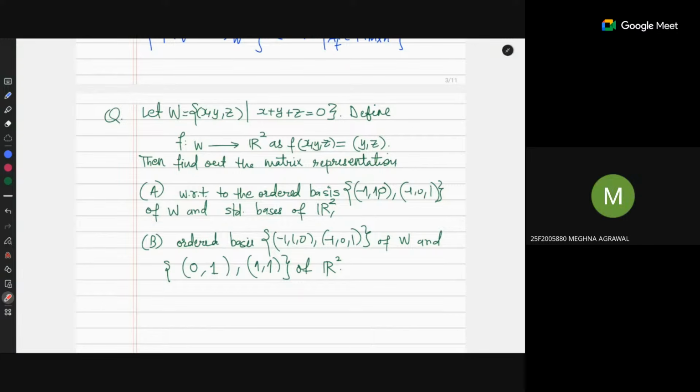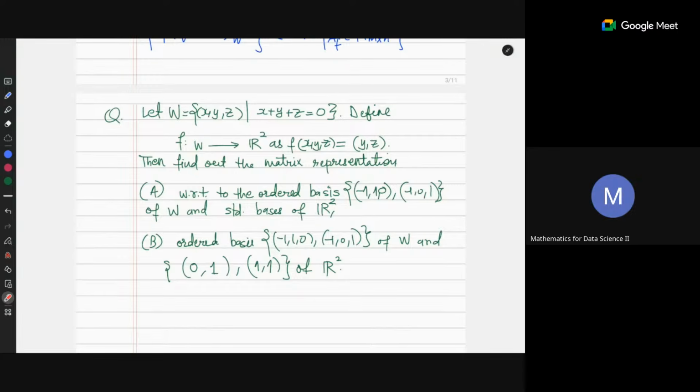R3. So the addition must come from R3. If you take any two vectors from W, how will you define their addition? That addition will be defined the same as you define it in R3. What about the scalar multiplication? Yes, sir, it will follow because it's coming from R3.